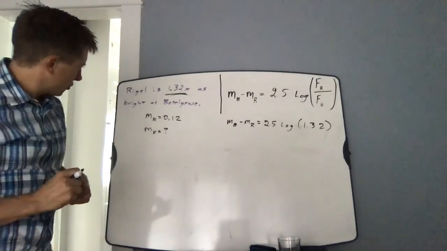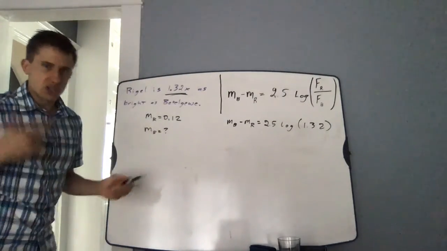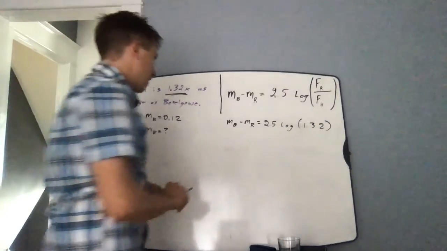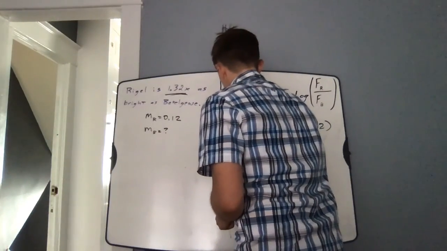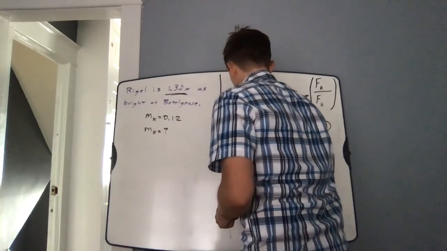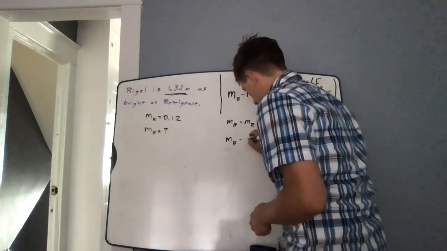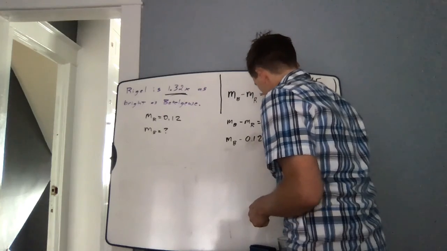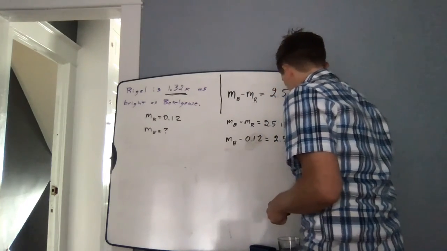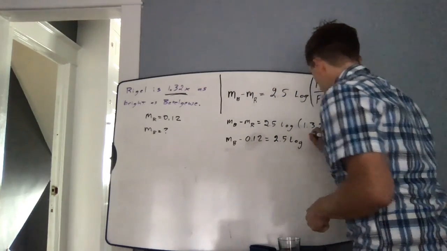We are also given the magnitude of Rigel, so I'm going to plug that in as well. So I have magnitude of Betelgeuse minus magnitude of Rigel, which I said was 0.12, is equal to 2.5 log of 1.32.